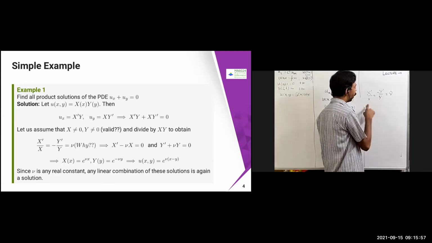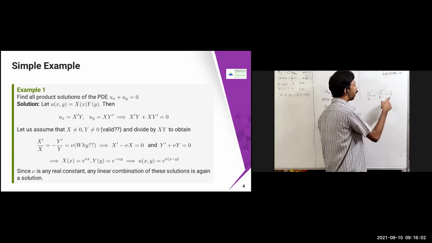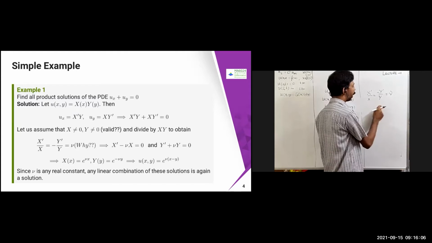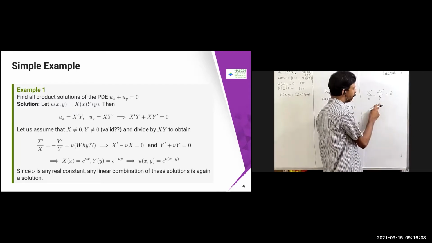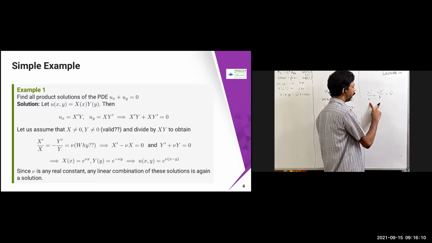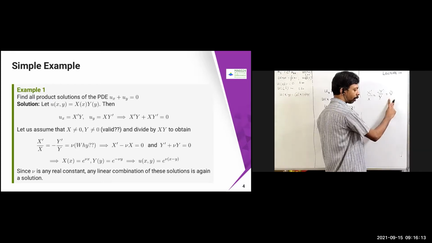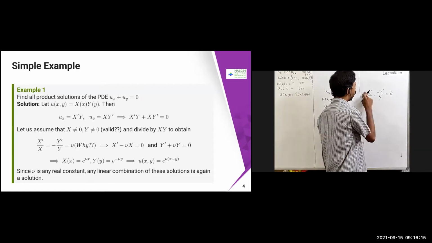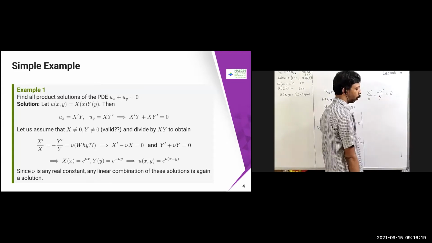Because these are different variables, both being equal means it is going to be some constant only. Otherwise, it is not possible. Therefore, you are going to get X dash by X equal to nu and minus Y dash by Y equal to nu.